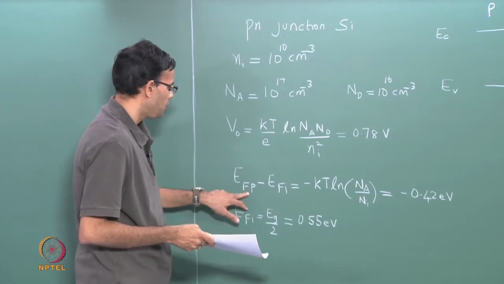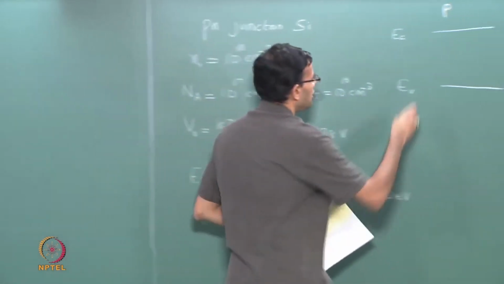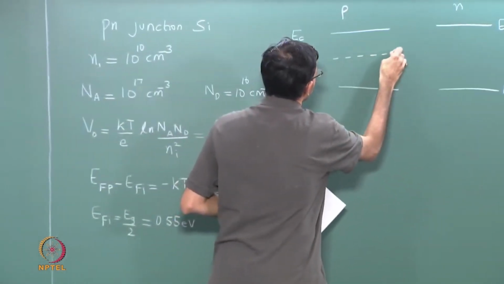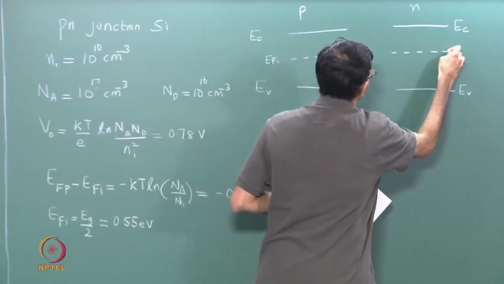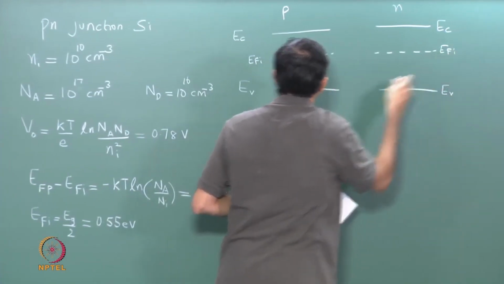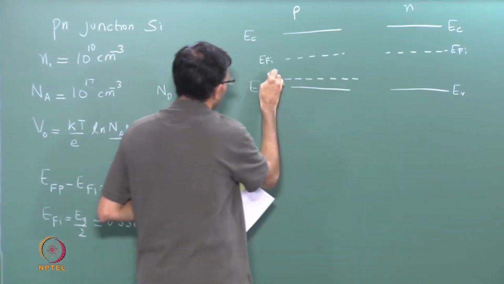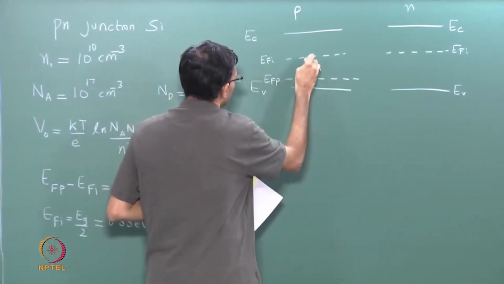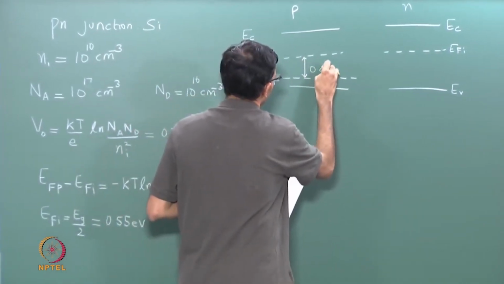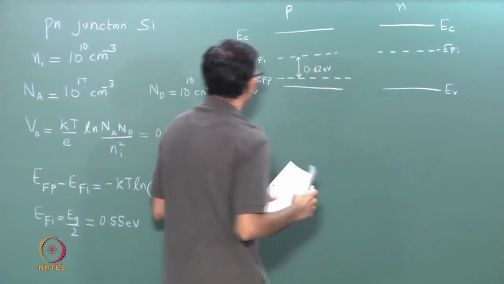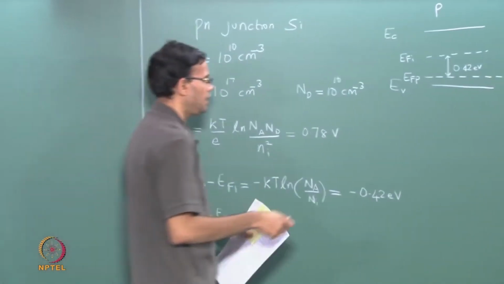So if I mark it here, EFI is the center, and EFP, which is the Fermi level on the p type, is 0.42 electron volts below EFI.